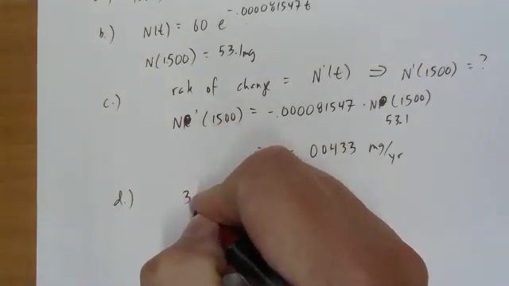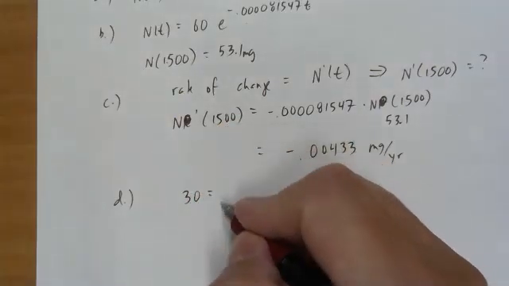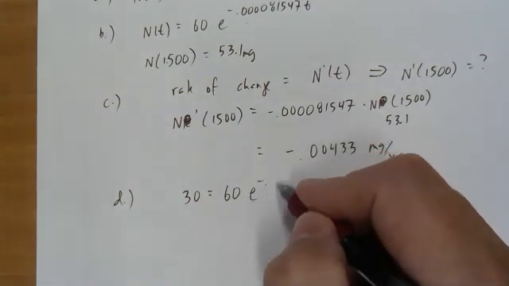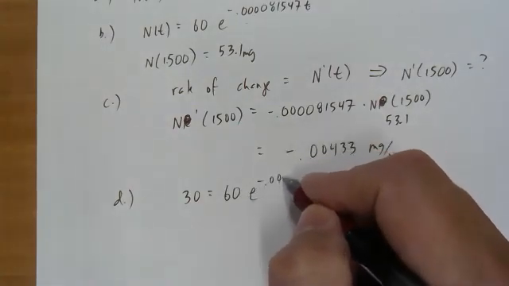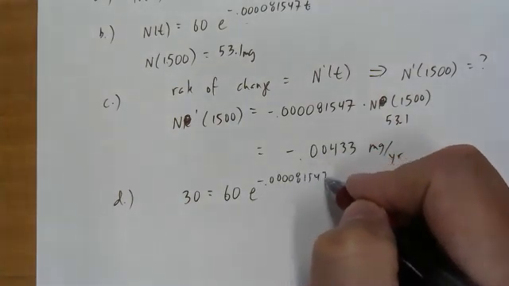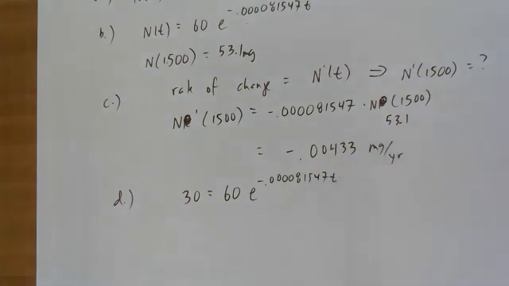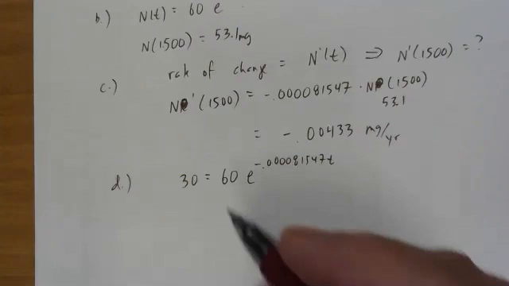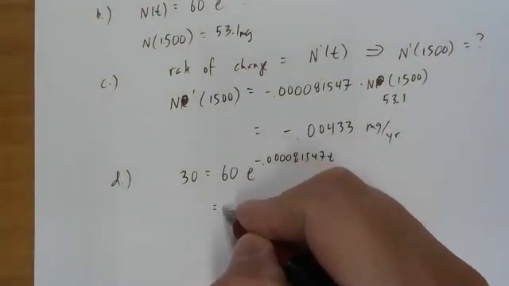So it's going to be 30 equals 60 times e to the negative 0.00081547 t. So if I want to solve for t, first thing is I divide both sides by 60. And here's what's interesting.